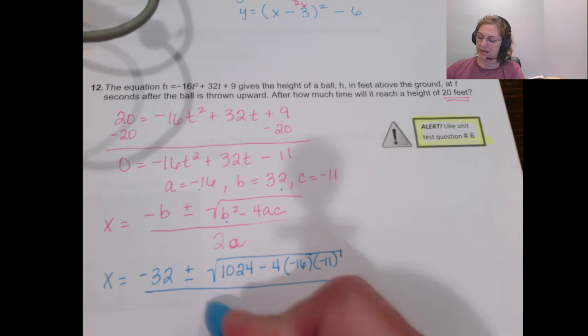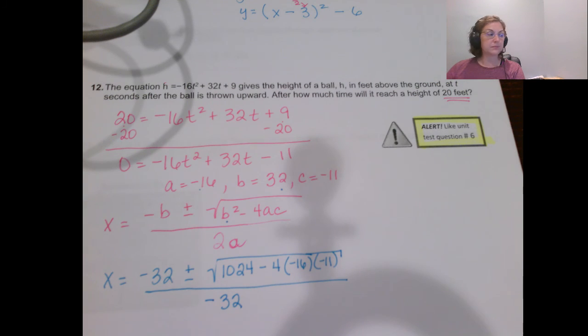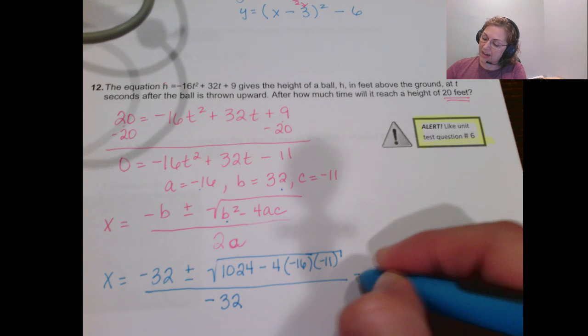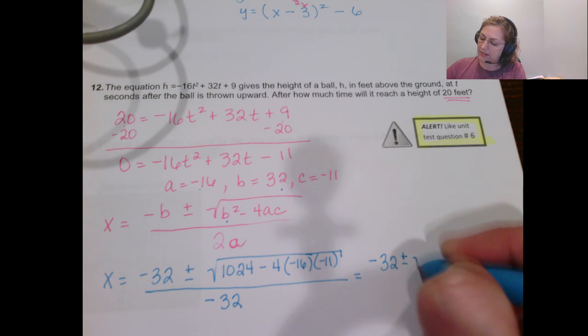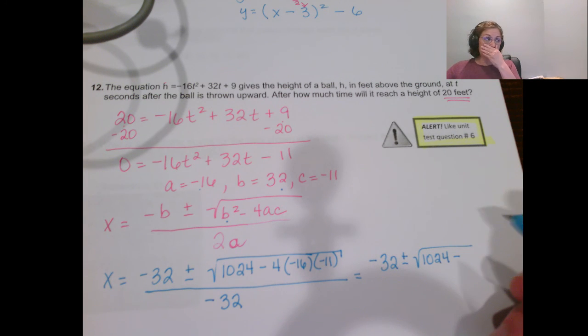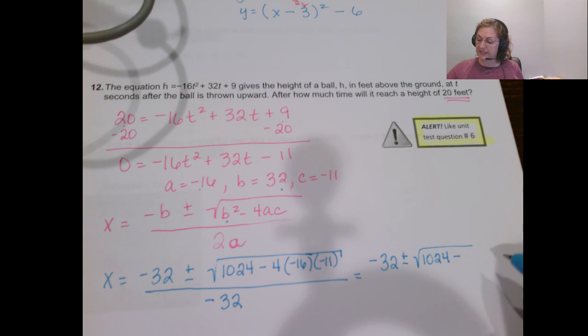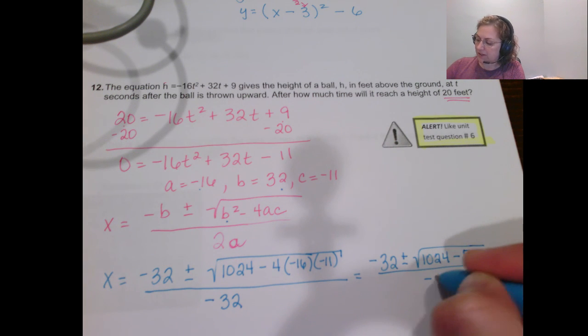So 2 times negative 16 is negative 32. All right, let's do a little cleanup under that radical. So I've got negative 32 plus or minus 1024 minus, and then let's multiply 4 times 16 times 11. I do notice the signs. And then I've got divided by negative 32.